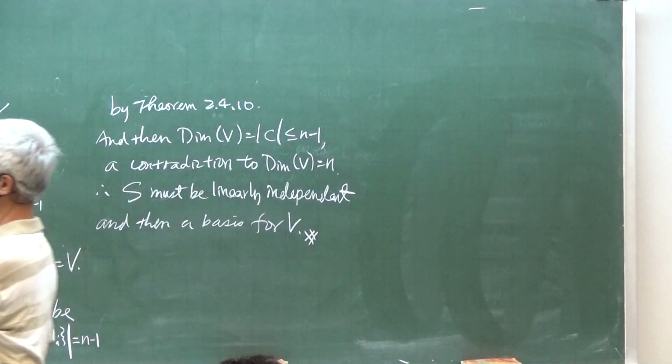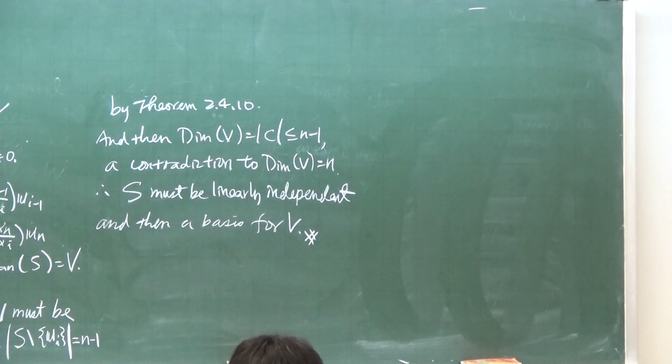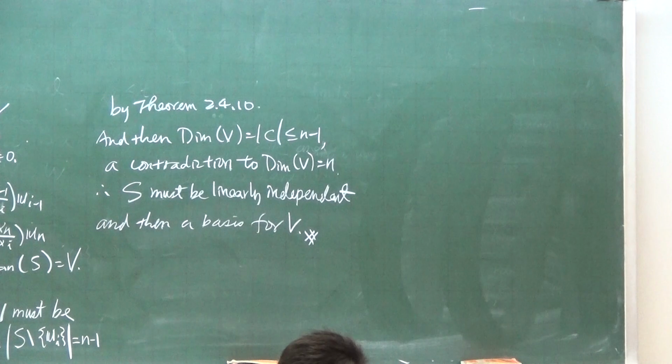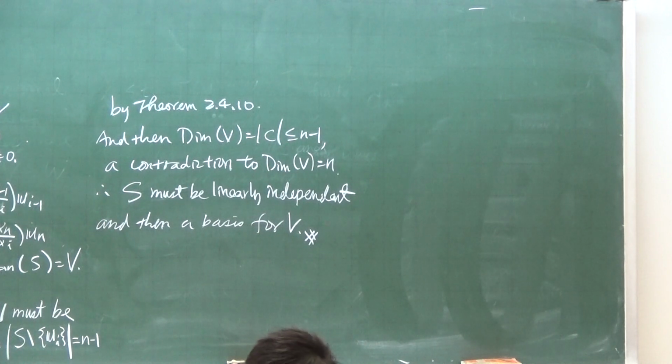Okay, so the theorem here is that to find a basis for an n-dimensional vector space, you just find a spanning set with n elements.